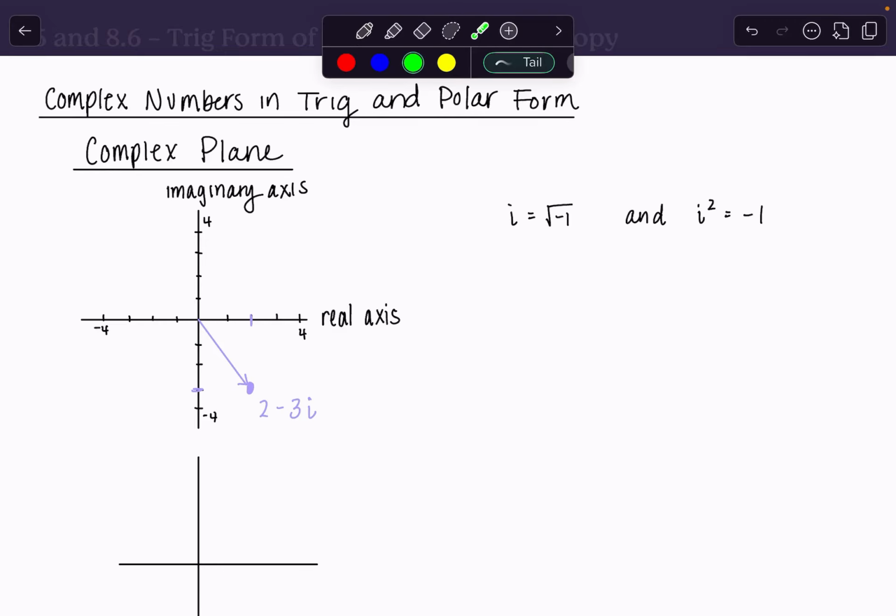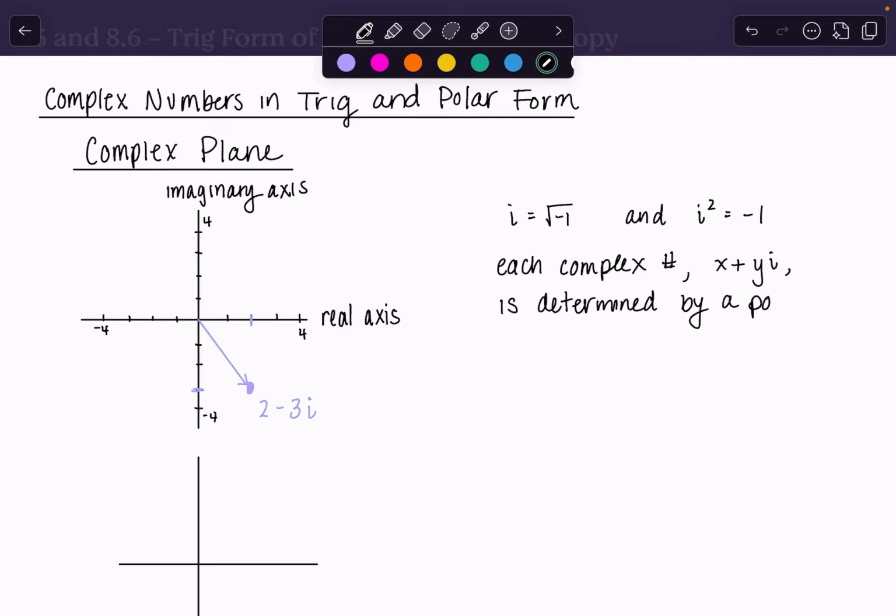The nice thing about this is every single complex number we have in this complex plane is really defined by a vector. So each complex number, which is given by x plus yi, is determined by a position vector, which we'll call v, which is (x, y).